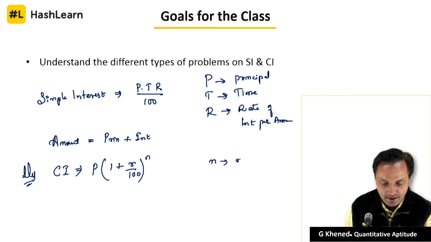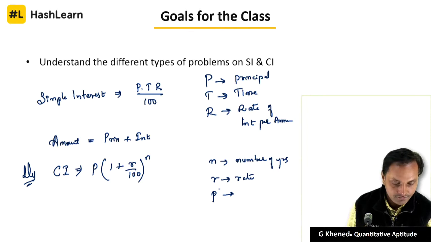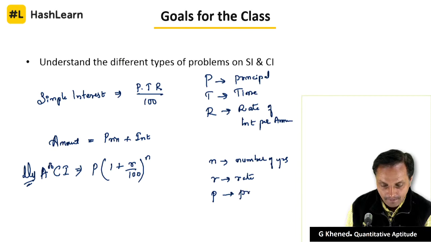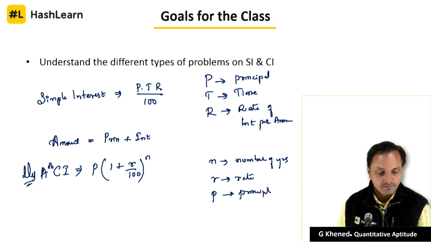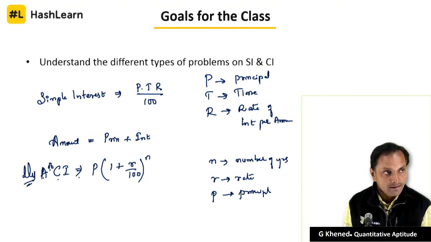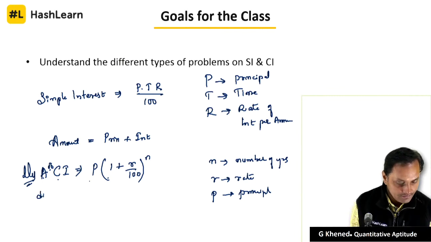N is your number of years, R is rate, and P is principal. So the amount when you calculate in compound interest will be P into 1 plus R by 100 whole to the power n.